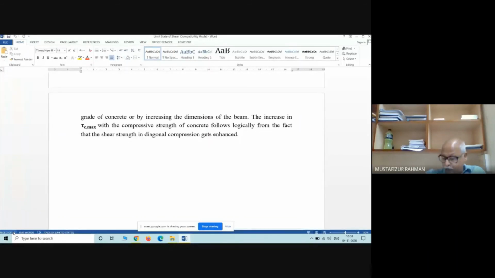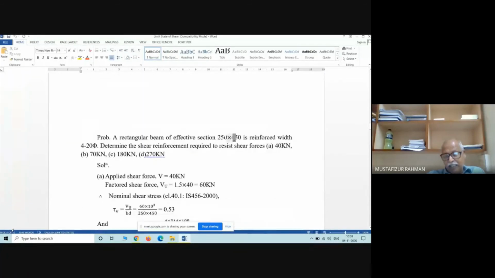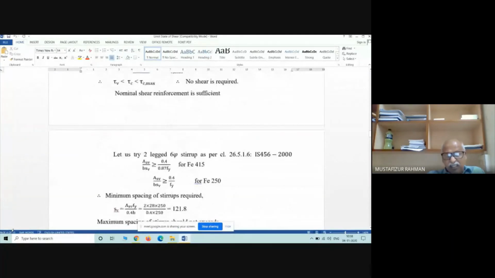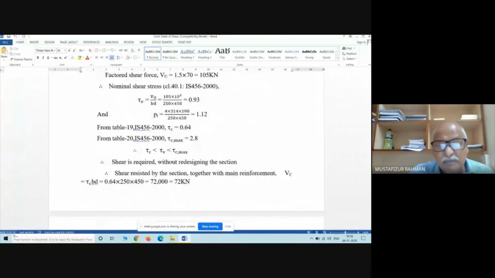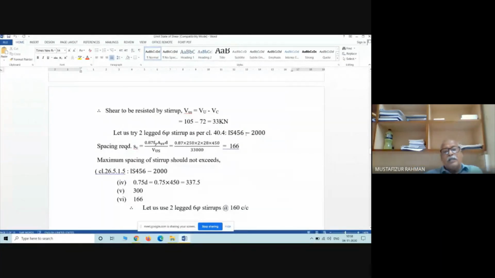So spacing is equal to 0.87 Fy Asv multiplied by d divided by VUR.